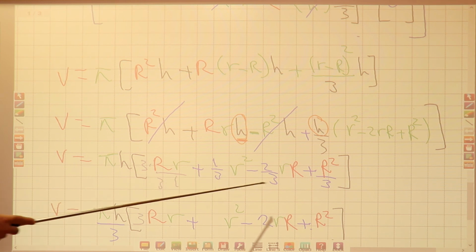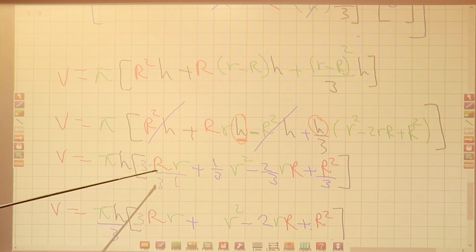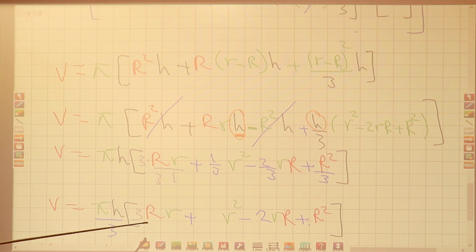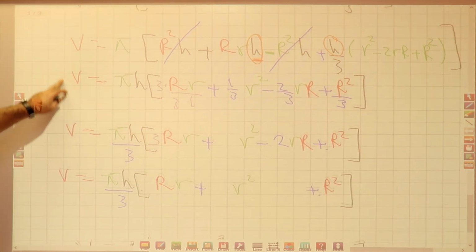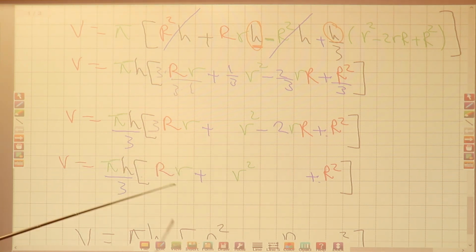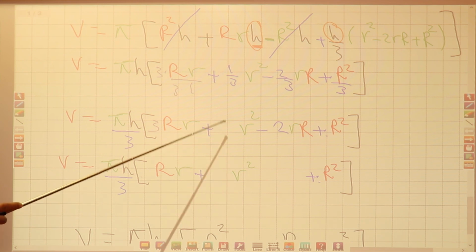Now because all my denominators are 3, I want to make this one 3. Three times 1 is 3. Then we take the 3 out: pi h over 3, times 3r plus R squared minus 2Rr plus r squared. Now, what is 3r minus 2r? It's r plus R squared plus r squared.